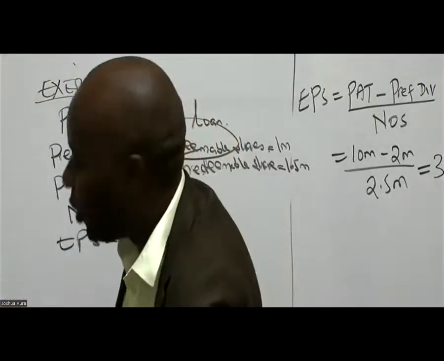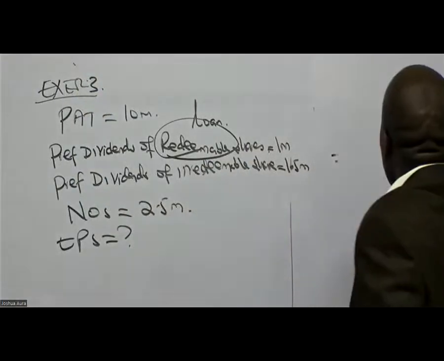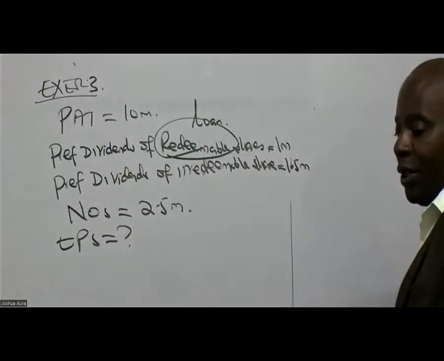So, ladies and gentlemen, this is what we have. We are calculating the profit attributable to ordinary shareholders.